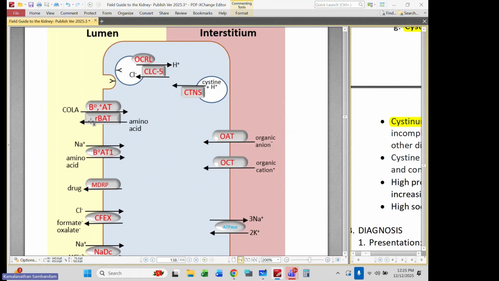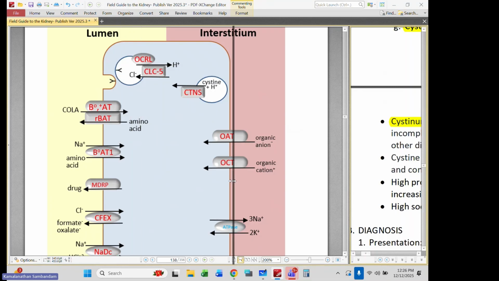This is a transporter, or let's say a transporter with multiple subunits, that transports dibasic or cationic amino acids. Okay, these are your COLA, right? This is cysteine, ornithine, lysine, arginine. COLA referring to a variety of amino acids. So you'll have wasting of all of those amino acids in the urine, but the only one that's particularly relevant is the cysteine. The cysteine is the one that is less soluble in its dimerized form.